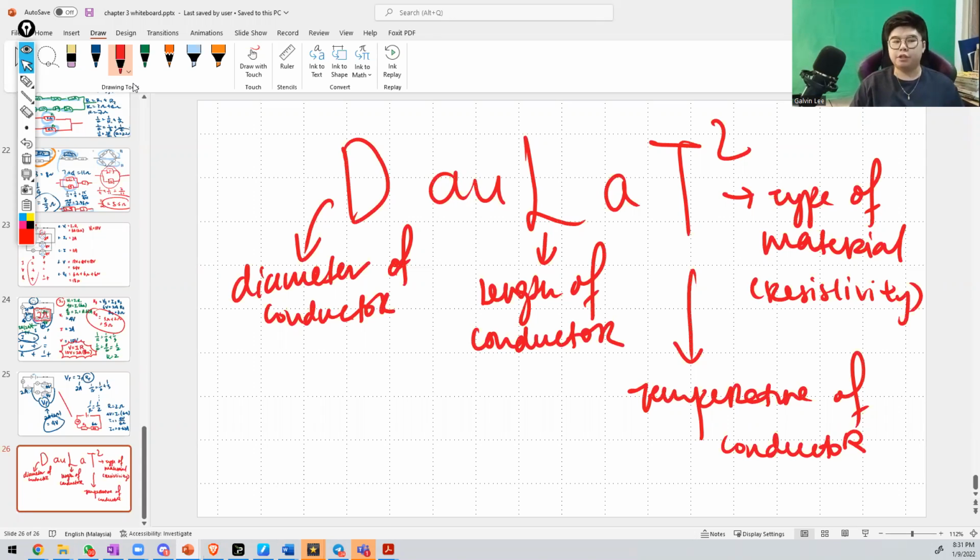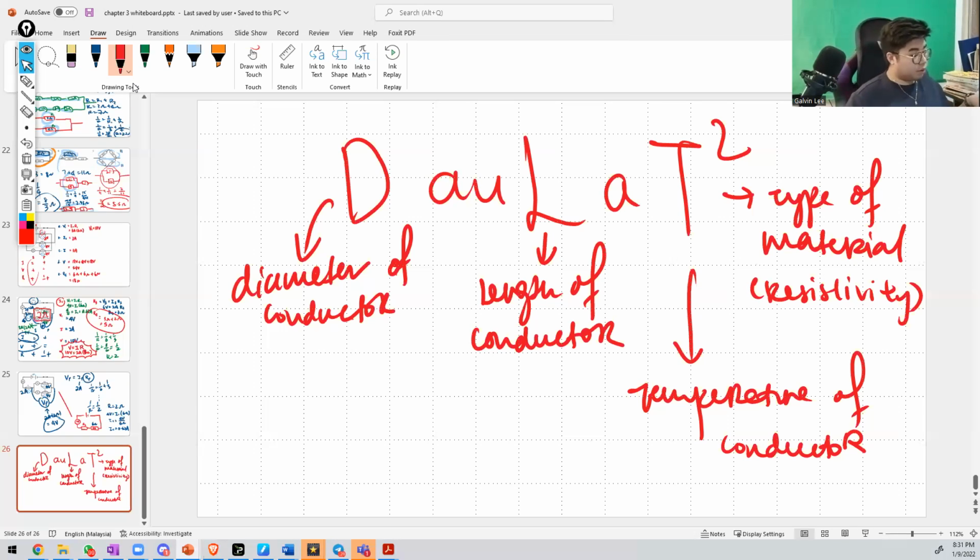So definitely, these are the 4 factors which affect the resistance of a conductor. But the question is, what is the relationship? What you're going to learn in Form 5 is different. In Form 5, you are going to learn the relationship and a little bit of calculation.